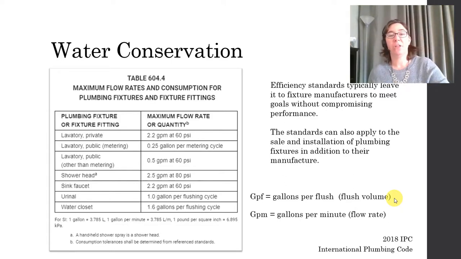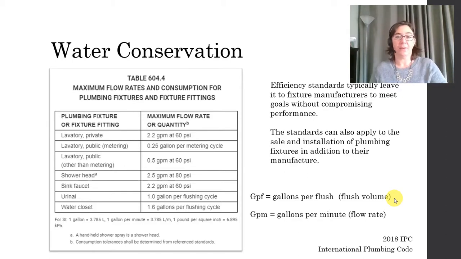So these efficiency standards in the plumbing code and elsewhere, they typically leave it to the fixture manufacturers as to how to actually meet these goals. So they're a performance goal rather than a prescriptive goal of exactly how to create fixtures that meet these goals. All right.